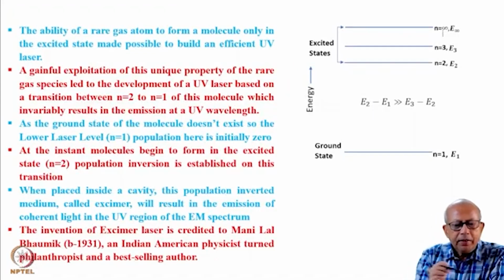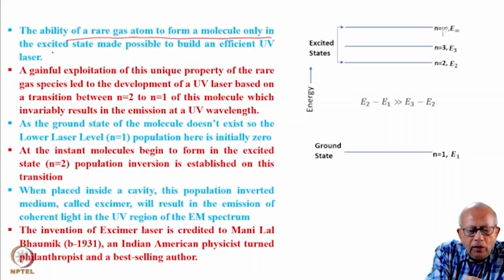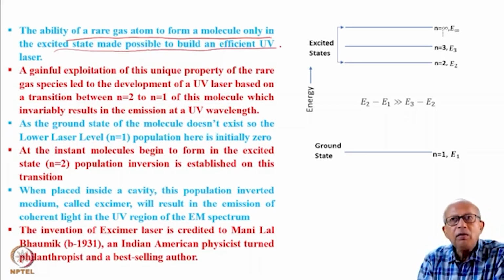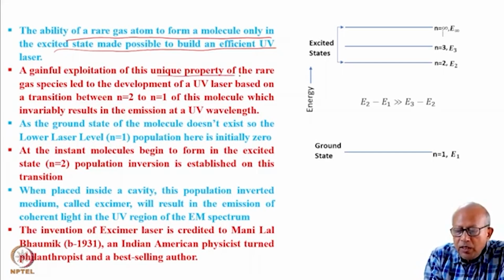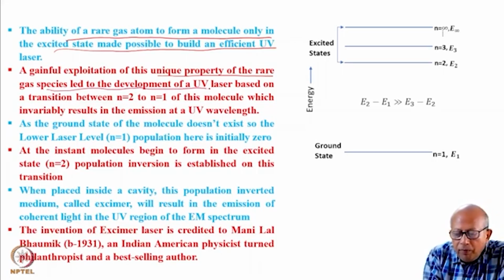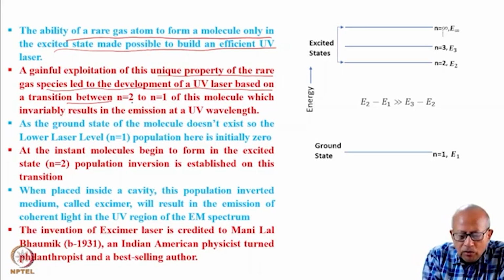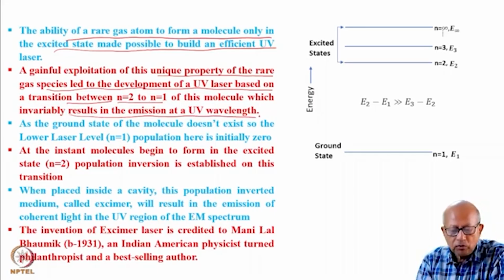The ability of a rare gas atom to form a molecule only in the excited state made it possible to build an efficient ultraviolet laser. A gainful exploitation of this unique property of rare gas species led to the development of the ultraviolet laser based on a transition between n equal to 2 and n equal to 1 of this molecule, which invariably results in the emission of an ultraviolet wavelength.